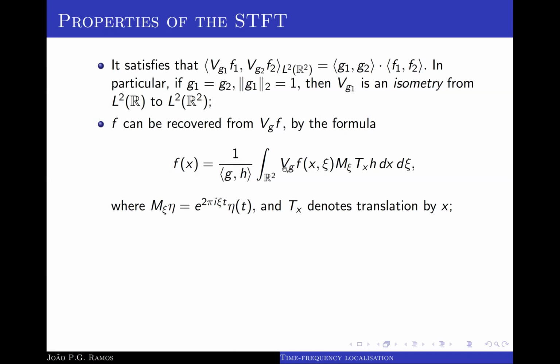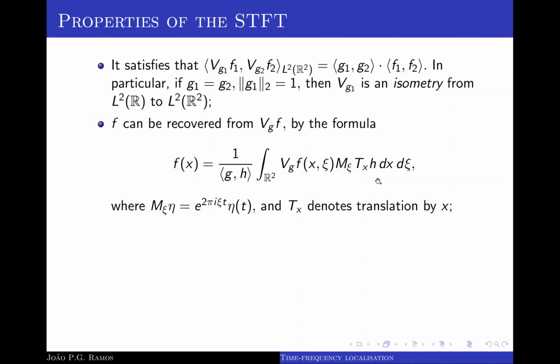The idea is that you get this operator which has some symmetries, with translations both in x and in psi. And if you want to recover f, it's not a bad idea to average over the group of symmetries of this operator. That is basically what's being done in this formula.